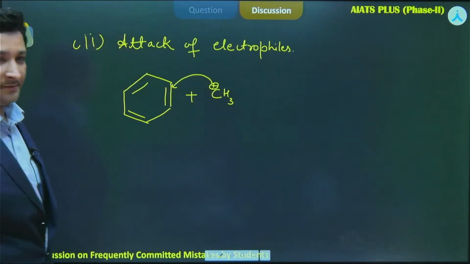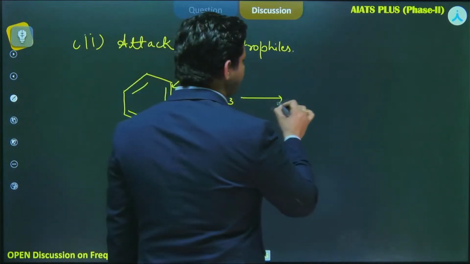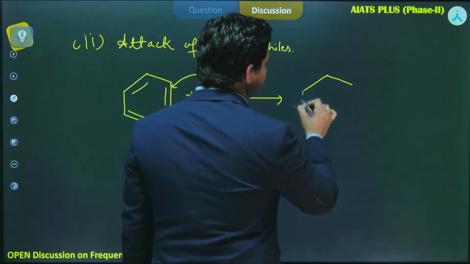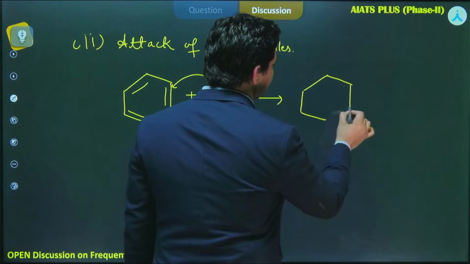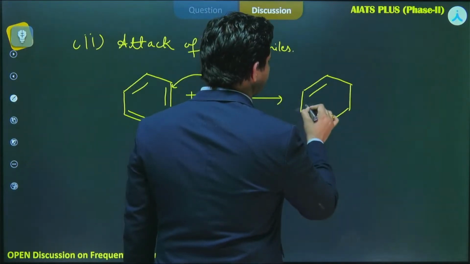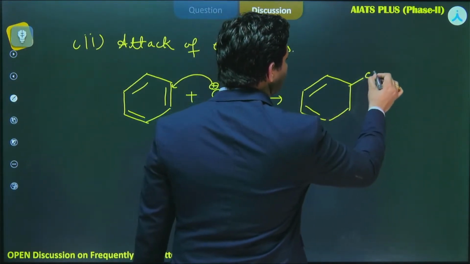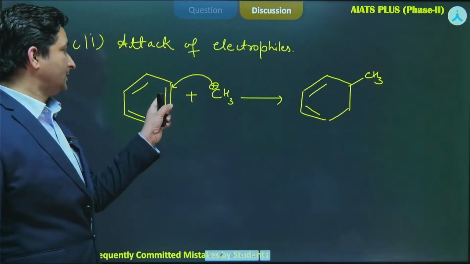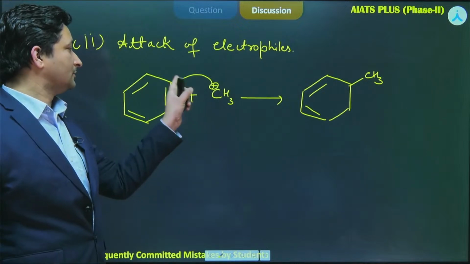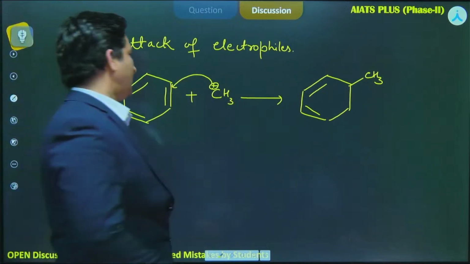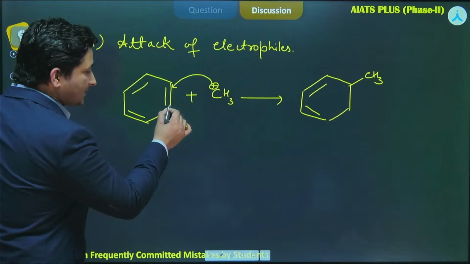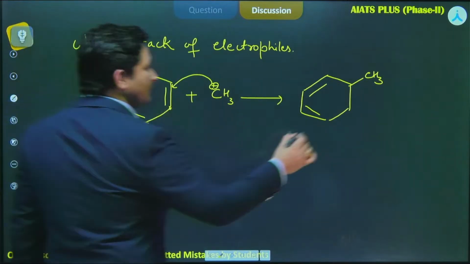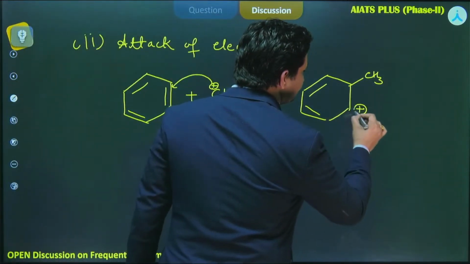This will form a bond. Because this is electron deficient, this pi bond will move towards the CH3, and due to which this carbon will develop a positive charge on itself.